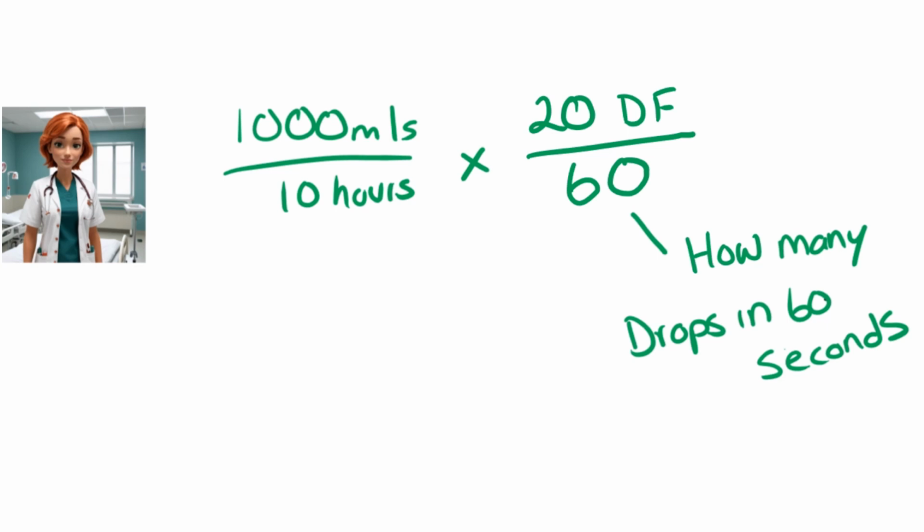So if you do the sum, 1,000 over 10 times 20 over 60, we end up with 33.333. To work out what that is over 15 seconds, we divide that by 4. That way you are not standing there for half an hour trying to account for drops for the whole minute to get it right. So we have 33.333.